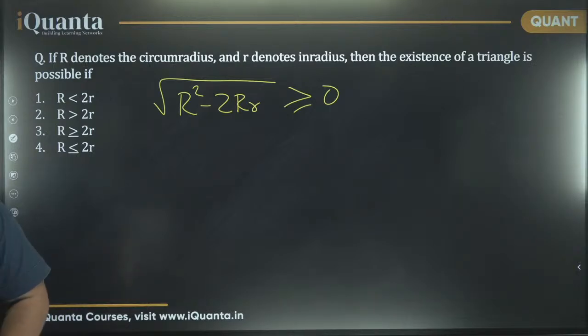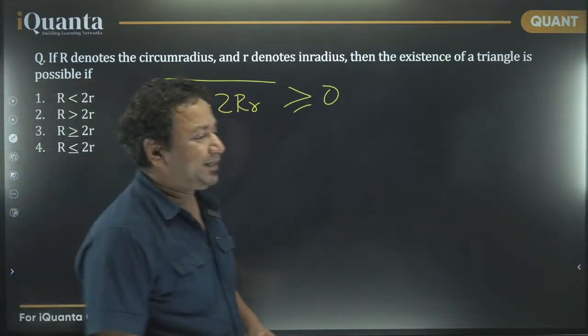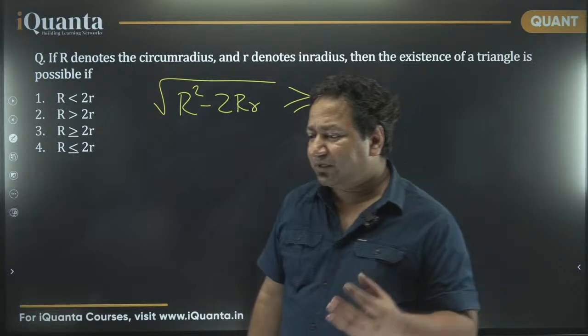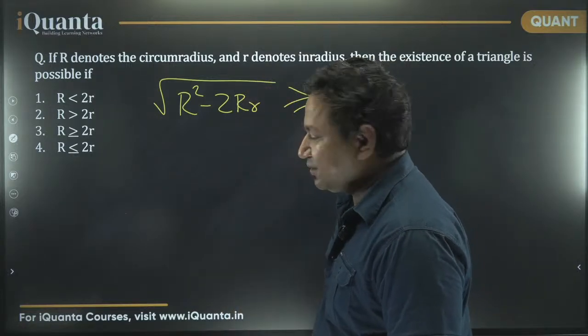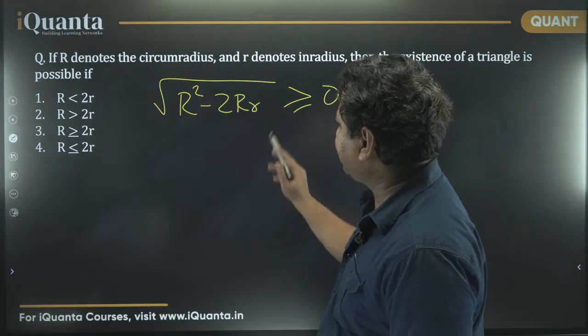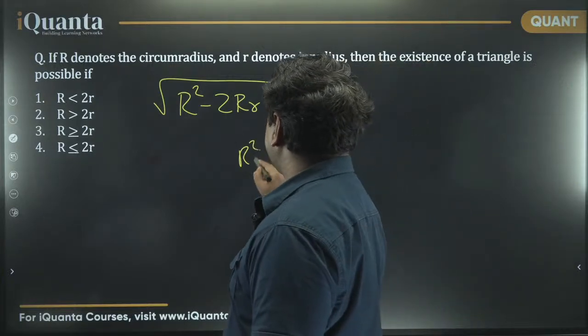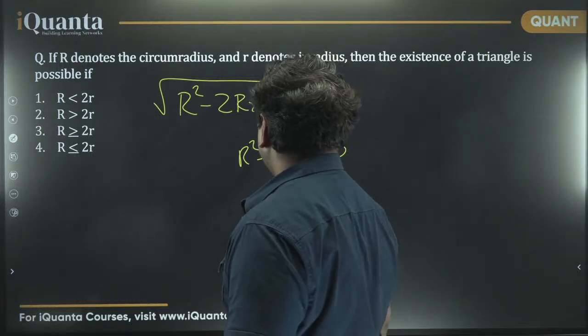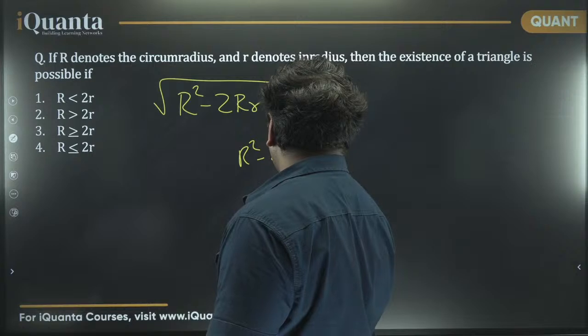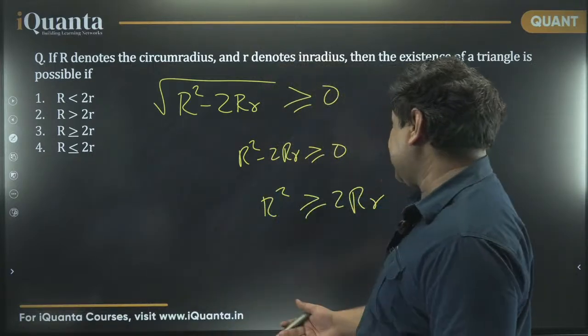Is that fine? So here we have used a shortcut technique and some kind of algebra as well. This will always be greater than or equal to 0. Squaring both sides, I'll get R square minus 2Rr greater than or equal to 0. Wow. Which means R square is greater than or equal to 2 times capital R and small r.